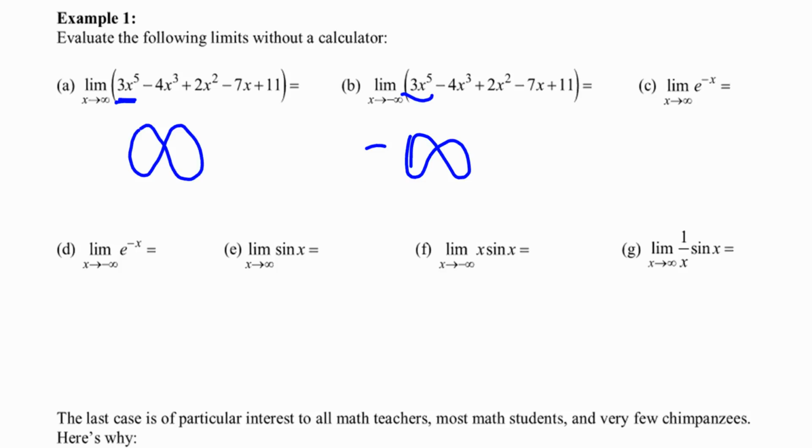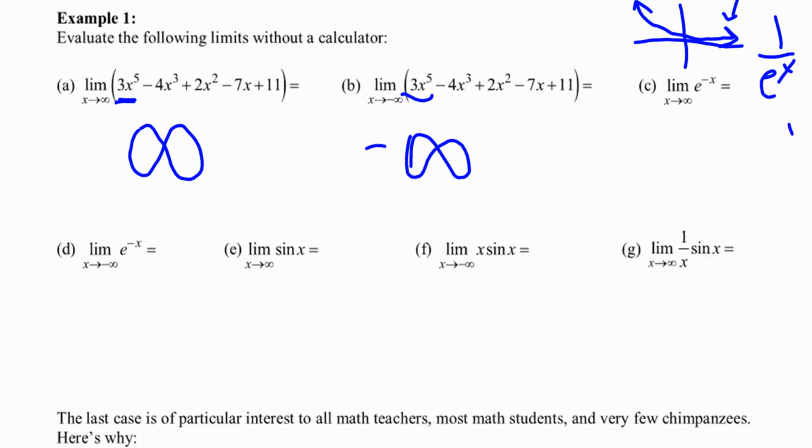Limit of e to the negative x. Hopefully you know what that graph looks like, but if you don't, it looks something like this. Or you can think of 1 over e to the x. Either way, if you imagine it graphically or algebraically, as x goes to infinity, if you look at the graph, the y values are getting closer and closer to 0.